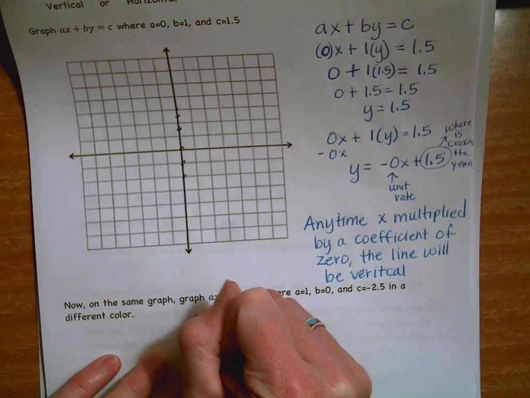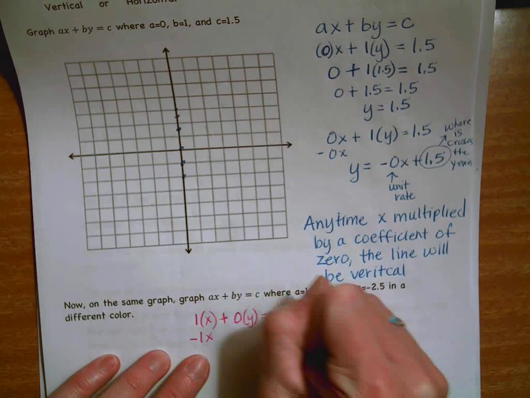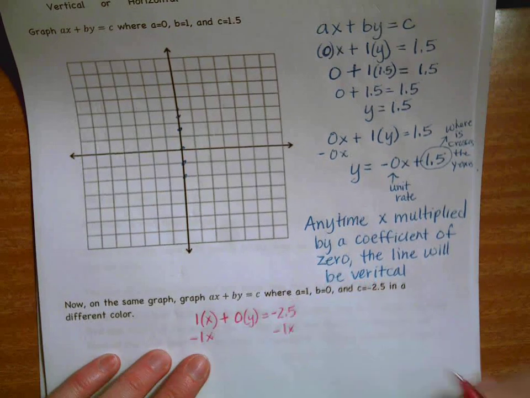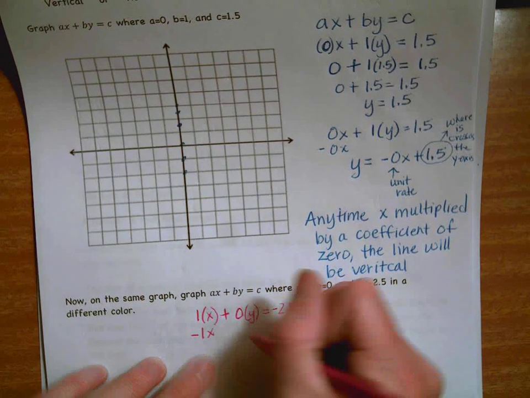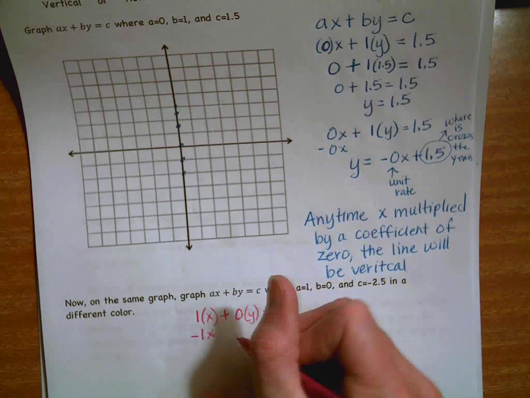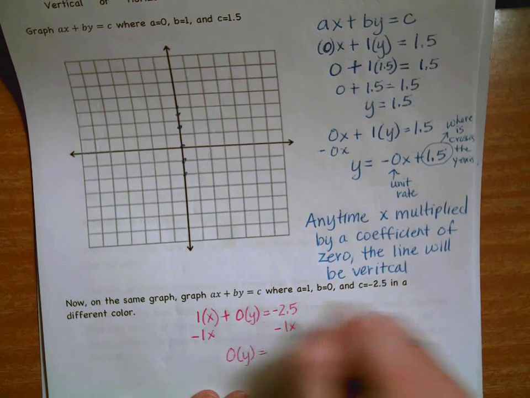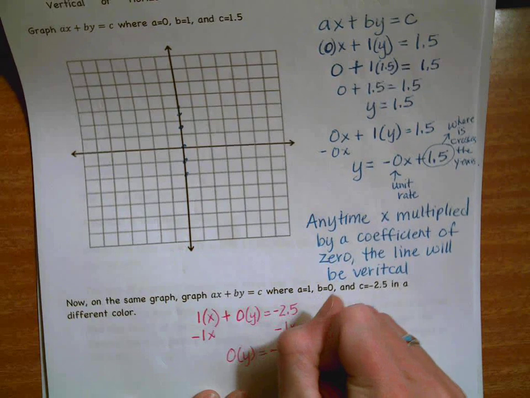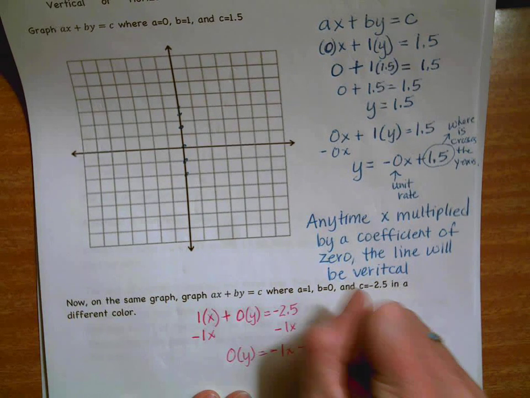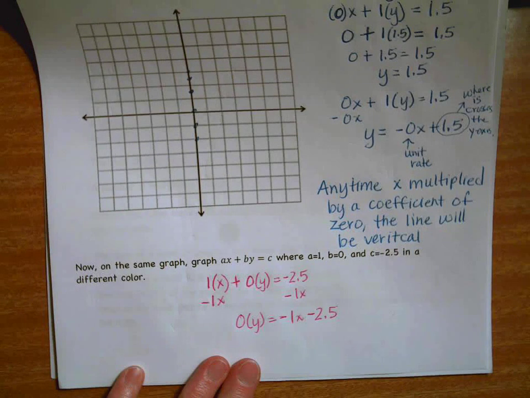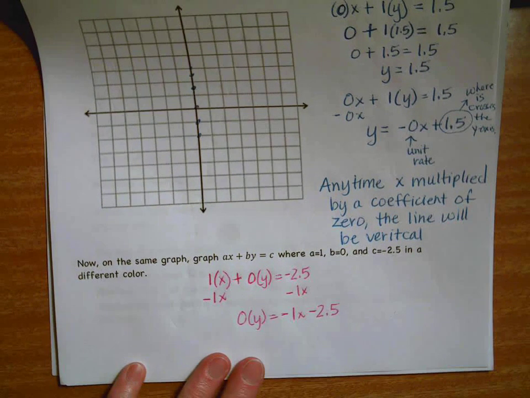So I need to subtract 1x from both sides, right? And then I'm left with 0 times y equals negative 1x minus 2.5. And that, believe it or not, kiddos, is slope-intercept form.